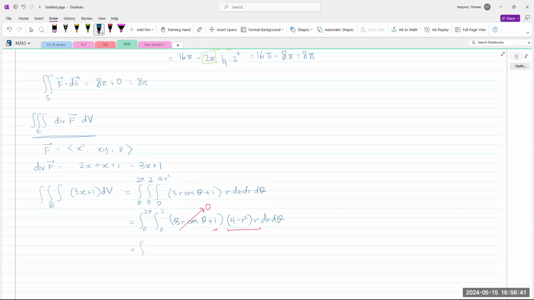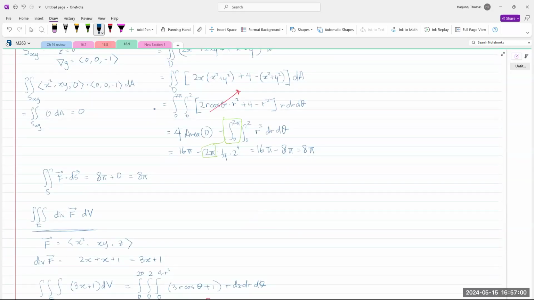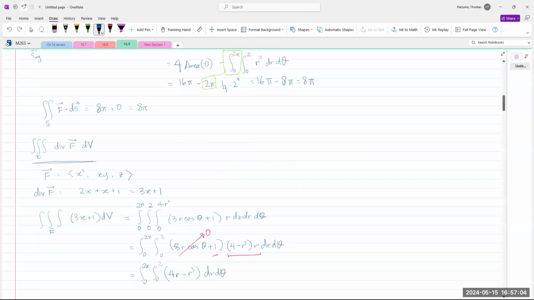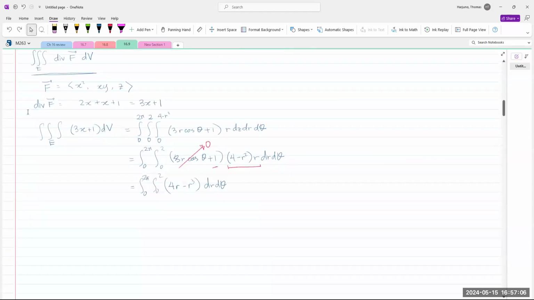That's the integral from 0 to 2 pi of the integral 0 to 2 of 4r minus r cubed. Actually, this is exactly the same integral we have earlier. Don't you think so? That's the same integral we have earlier. So we can confirm we get the same result at this point.